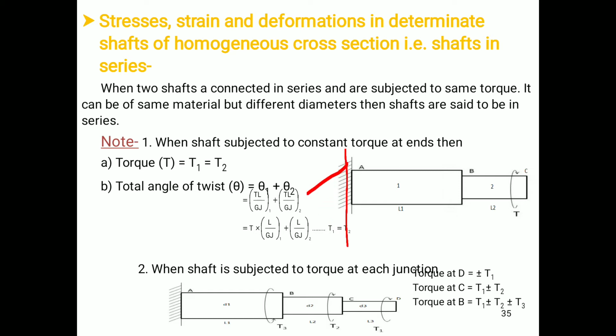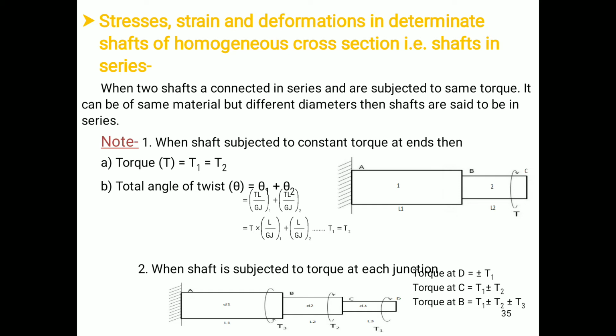Okay, now we will move to another case, when the shaft is subjected to torque at each junction. Now in the first case, the torque is applied at the free end only. In the second case, the torque is applied at each and every junction.